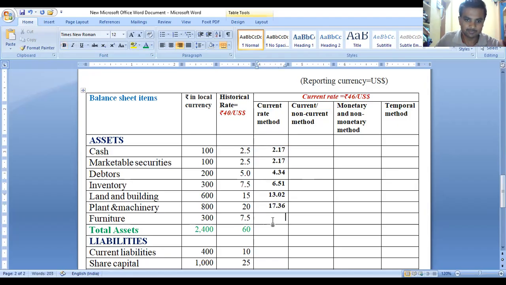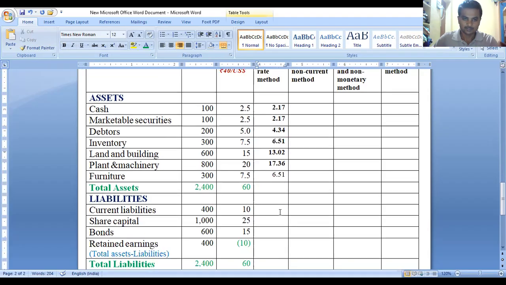Next, in case of furniture, 6.51. So again, you need to find out the same by selling 400 rupees. So we would get the dollar as 8.68.